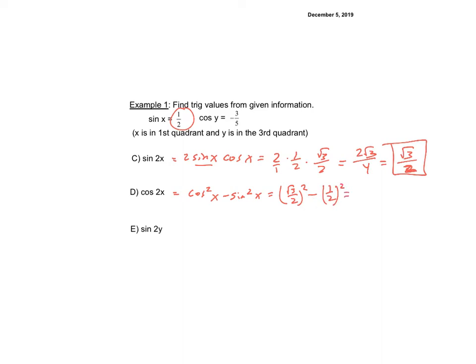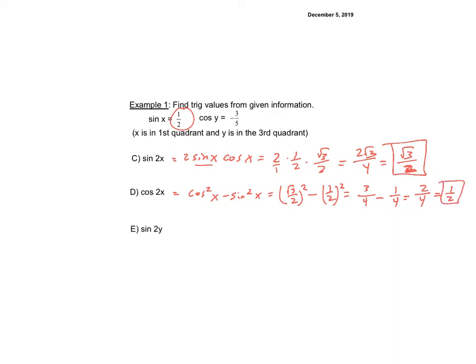So if I square the square root of 3, I end up getting the square root of 9, which is 3. I square 2, I get 4. If I square 1, I get 1. If I square 2, I get 4. Multiply my numerators, write down my common denominator, reduce it down, and I get 1/2.